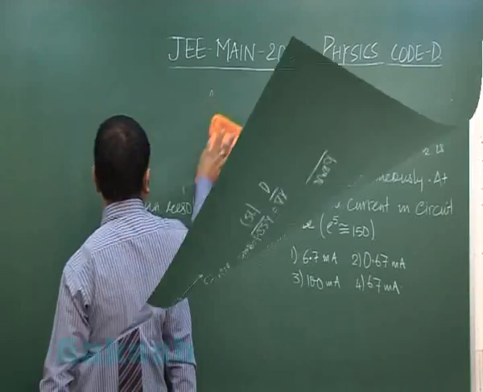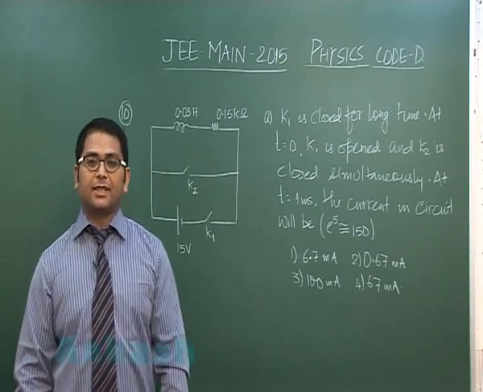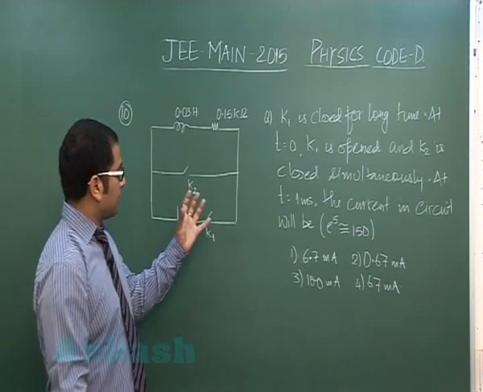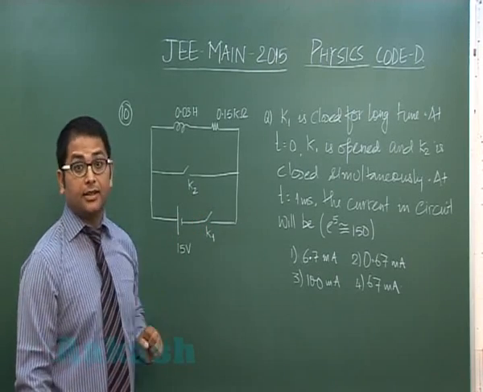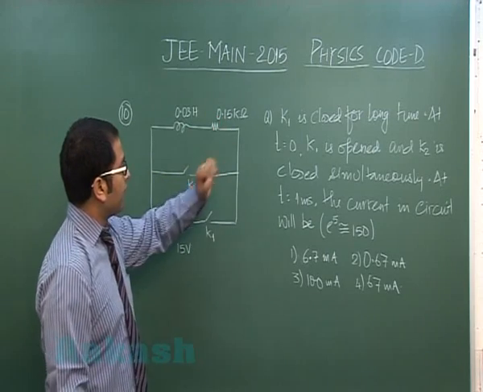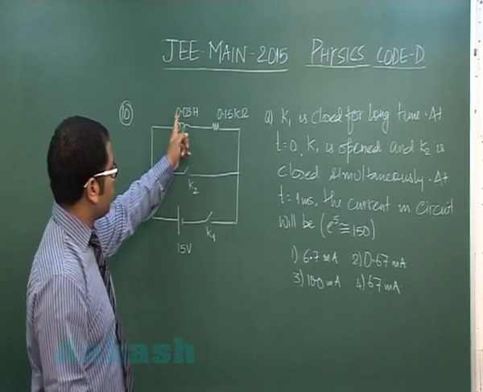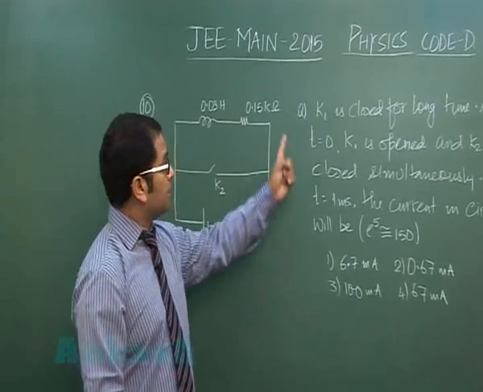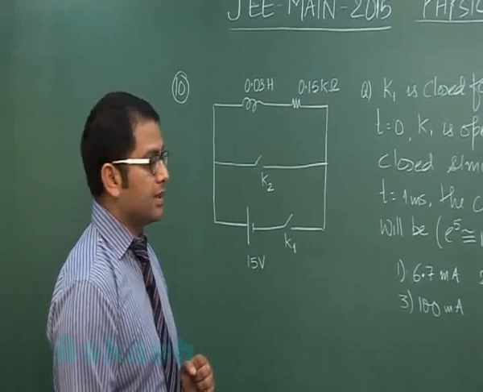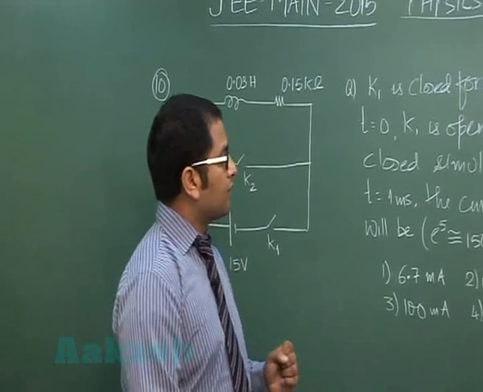Question number 10 has been set up from an RL circuit, and this comprises both charging and discharging. The resistance is given to be 0.15 kilo ohm and inductance 0.03 Henry. Be careful, here is a kilo. K1, K2 are the two keys. K1 is closed for a long time.